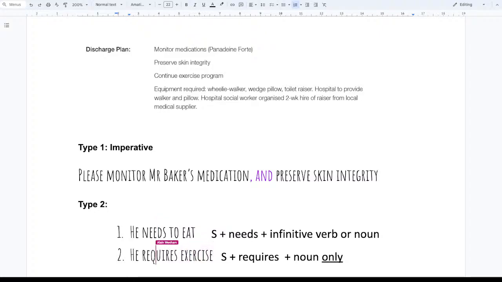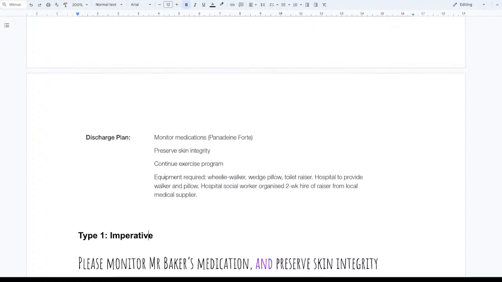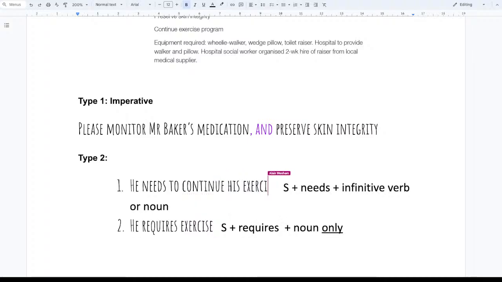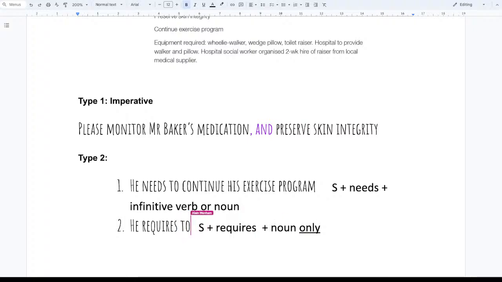So in the example above, if we have a look at the discharge plan here, you can see continue, the third one down, continue exercise program. I can say he needs to continue his exercise program, right? Or I can say he requires to continue.